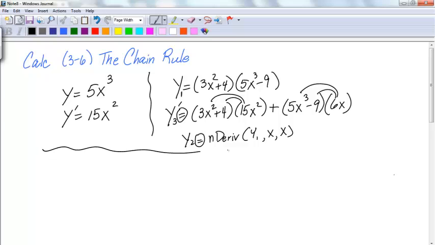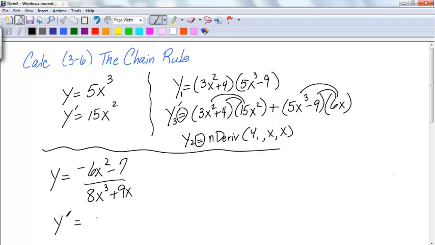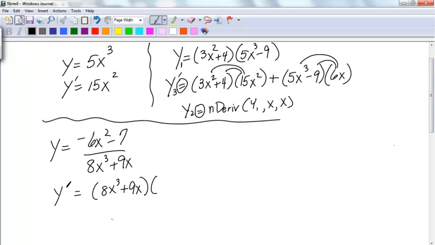So we did the power rule, product rule, then we did the quotient rule. Let's do something like this. Say I give you something like this. Quotient rule, what do you have to start with? The denominator. You start with the denominator times the derivative of the numerator, which in this case would be, what would it be?